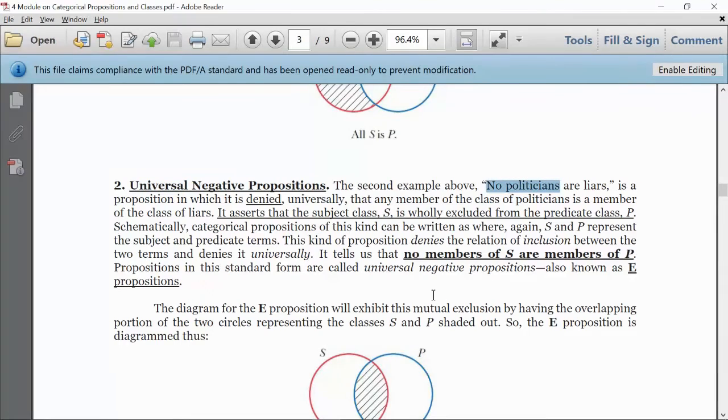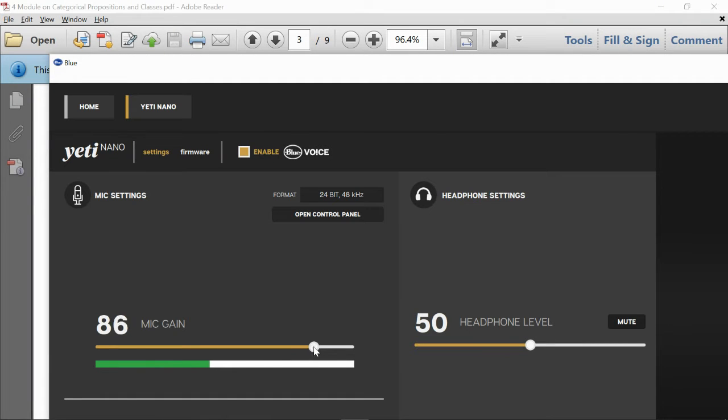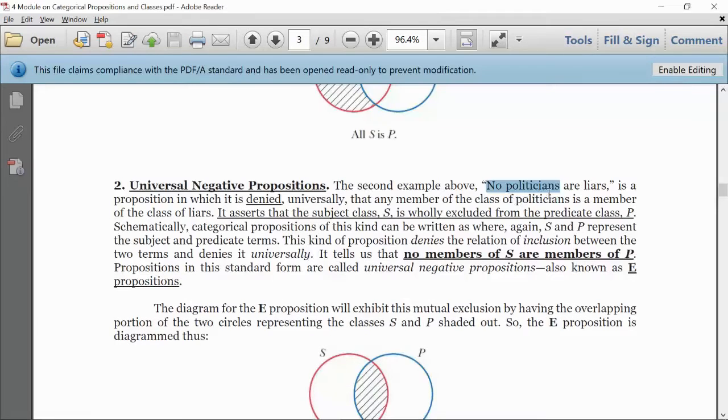When you say no politicians, that would mean all politicians are not liars. So it tells that no members of S are members of P. Propositions in this standard form are called universal negative propositions, also known as E proposition.